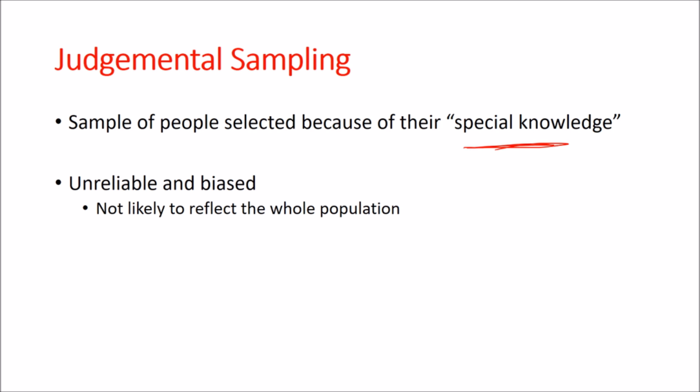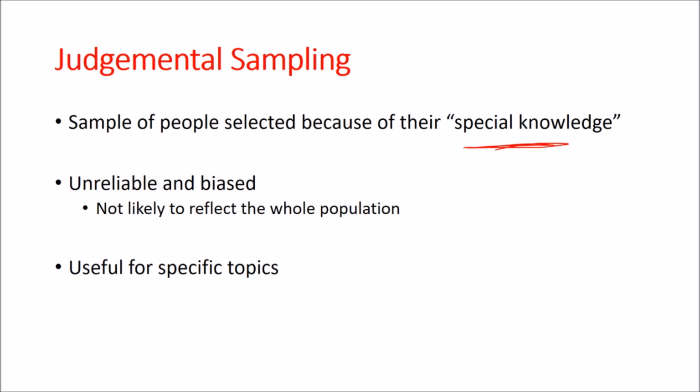It's like asking tennis players how to play tennis and whether tennis is good, and then using that data to represent all sports players. That would not be fair. But picking on special people with special knowledge is very useful, because you get knowledge of specific topics.